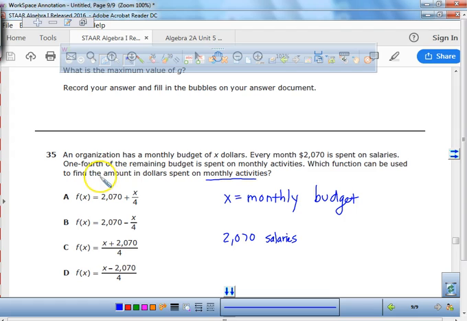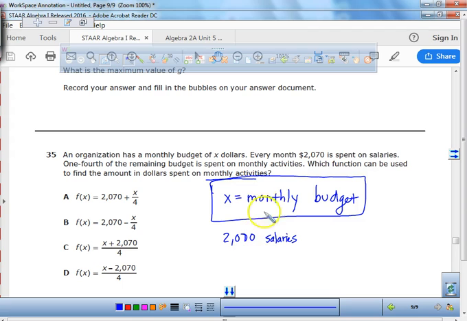Which function can be used to find the amount of dollars spent on monthly activities? So think about this. What do they spend every single time? They spend a certain amount of dollars. Now, every single month, how much do they spend?